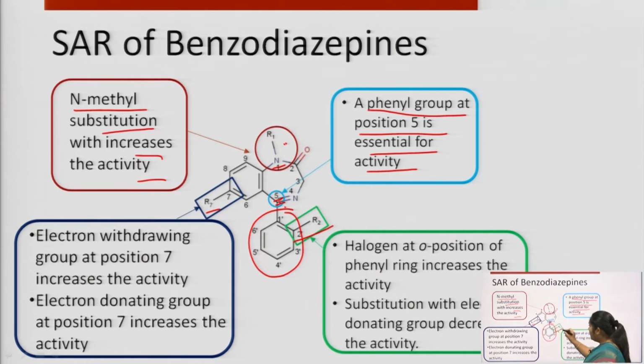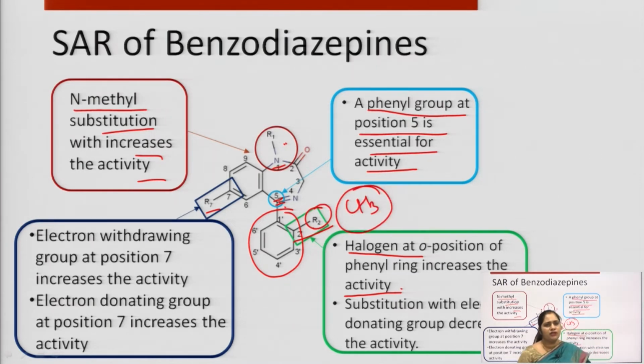Now when we talk about the substitution at this position R2 dash, when we substitute at the ortho position with a halogen atom, that increases the activity. But when we replace this with any electron donating group, like CH3, a methyl group, any alkyl group, that decreases the activity.